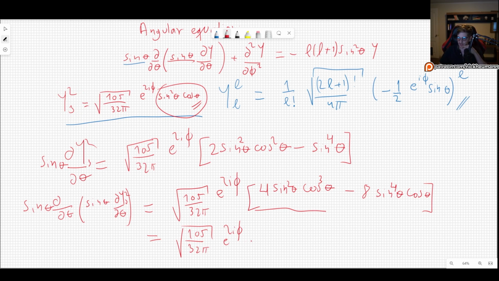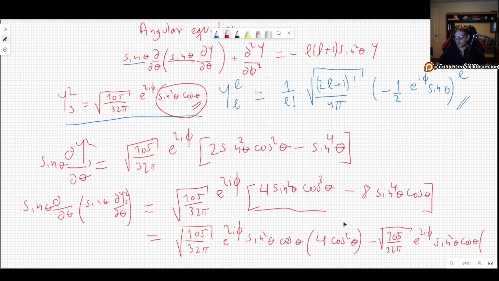So e to the 2i phi, and then we have sine squared of theta, cosine of theta, and now I just put everything that is extra, right? So 4 times cosine squared of theta. And then we do the same thing. So then we have minus 105 over 32 pi. I just multiplied through, that's what I did. And then e to the 2i phi, sine squared of theta, cosine of theta.